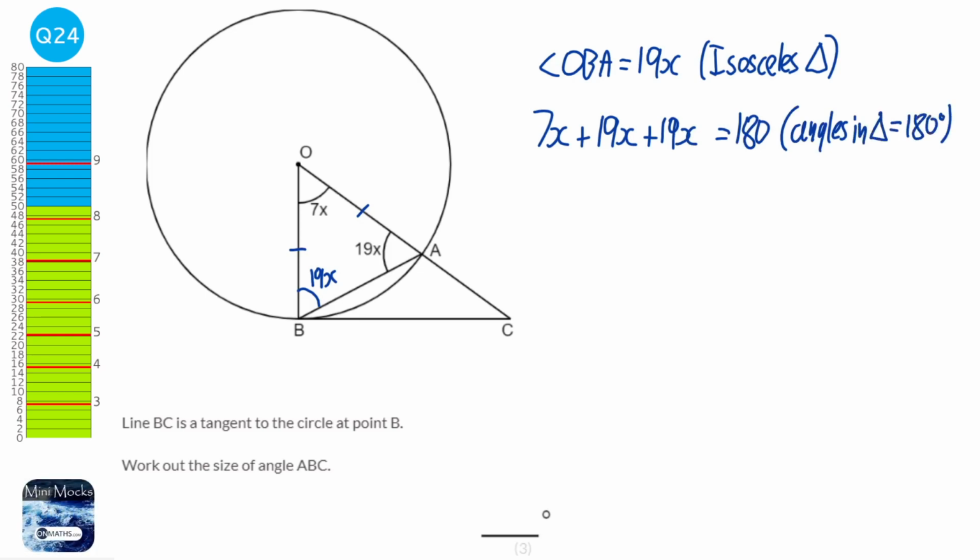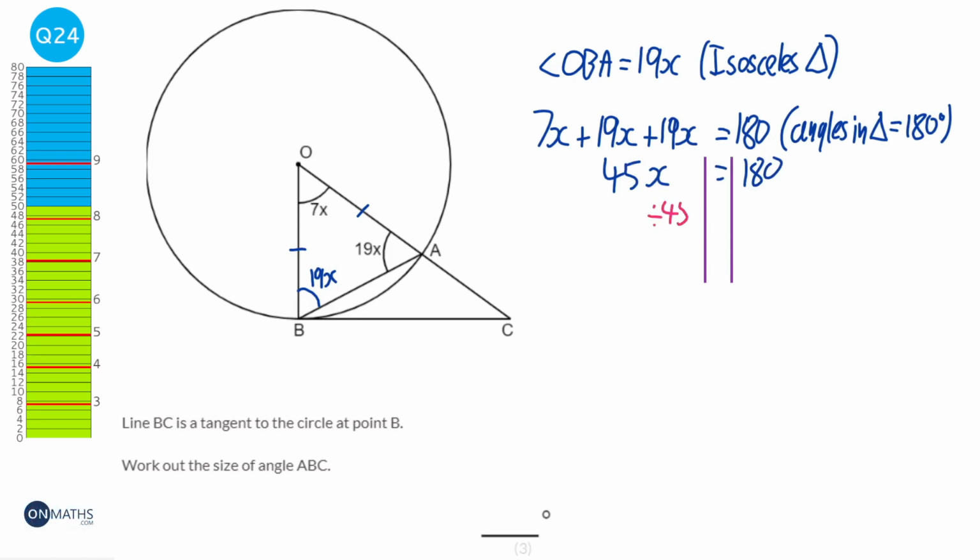Try and write out these reasons in full. Okay, so that's going to be 45x equals 180, and let's get our solving lines in. And we're just going to divide both sides by 45. Okay, so we've got x equals 180 divided by 45, which is 4.